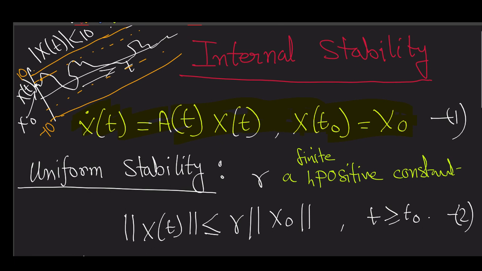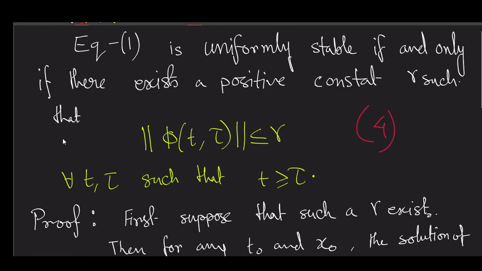So clearly this is a linear state equation. The linear state equation 1 is uniformly stable if and only if, sometimes instead of writing if and only if, we write this, which also indicates the same meaning.